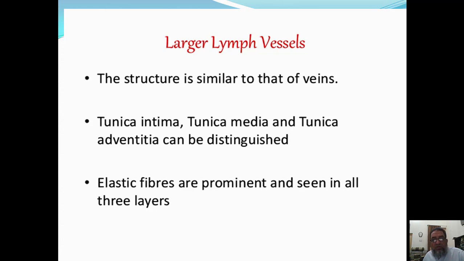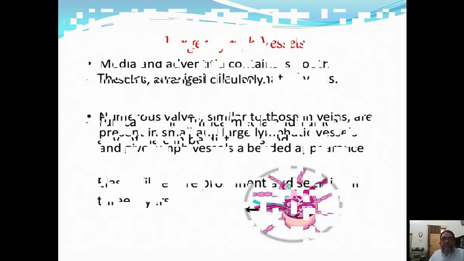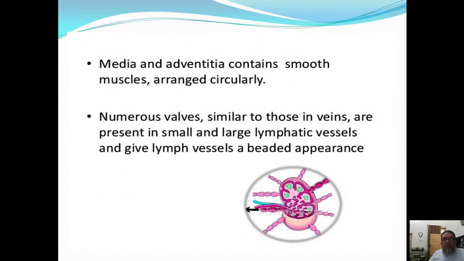So elastic fibers are prominent in all the layers: intima, media, and adventitia. Media and adventitia contain smooth muscle arranged circularly, not in the intima. Intima is the endothelial lining. Media and adventitia contain smooth muscle fibers.